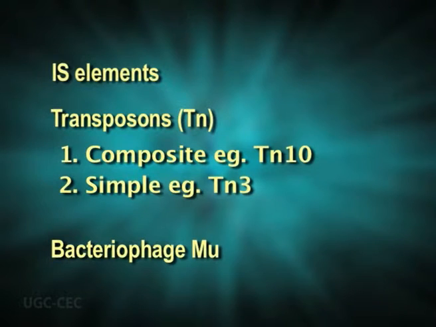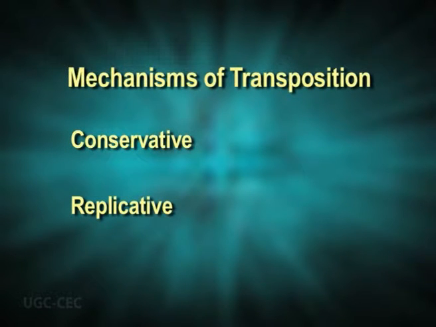Then we talked about different types of prokaryotic transposons, namely the IS elements, the Tn elements, which can be composite or simple, and Bacteriophage Mu. We also discussed the two major modes of transposition, the conservative mechanism and the replicative mechanism, and the effects of such transposition mechanisms in prokaryotes.